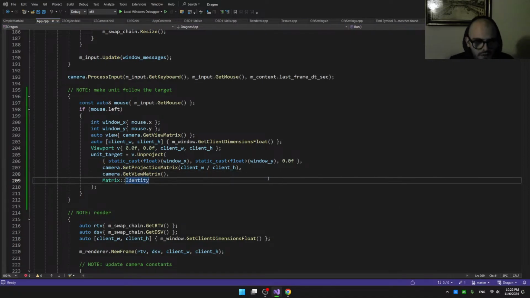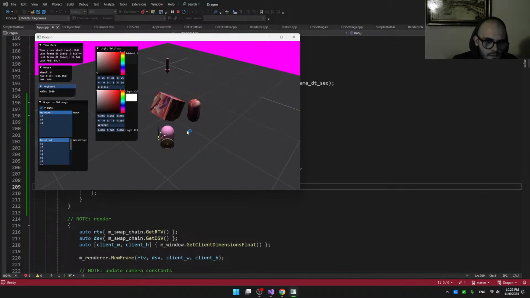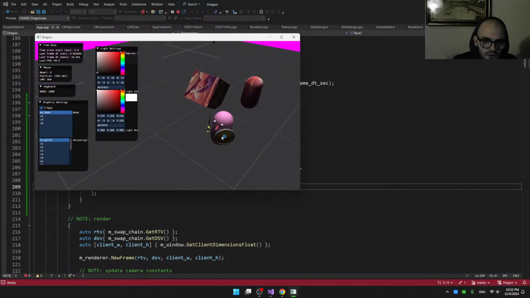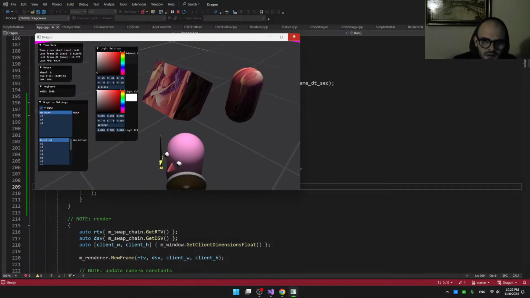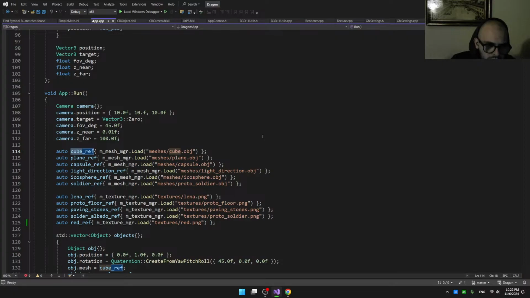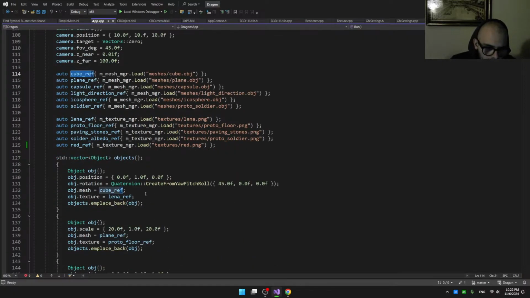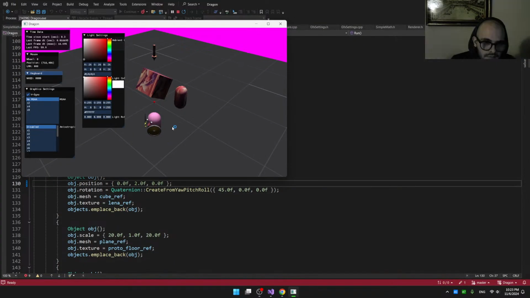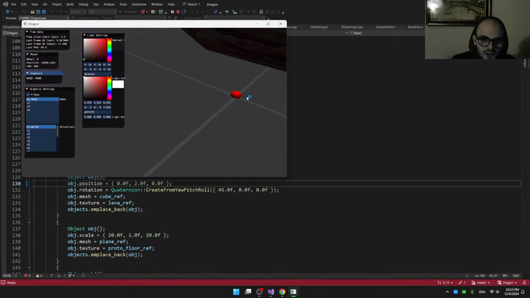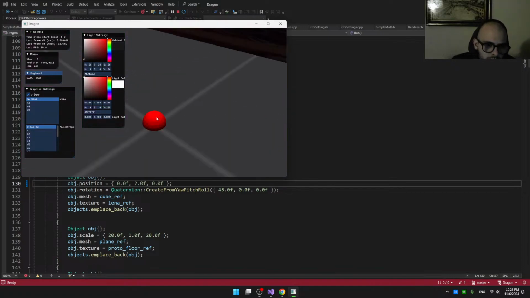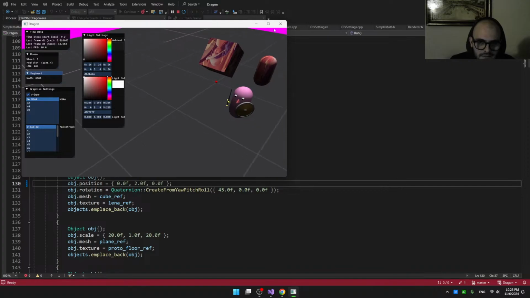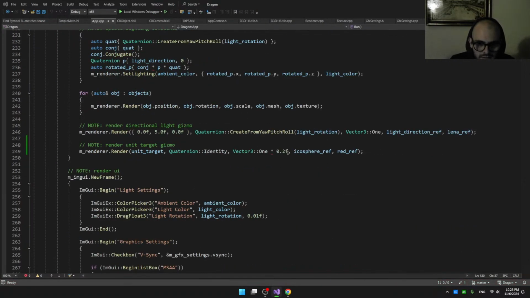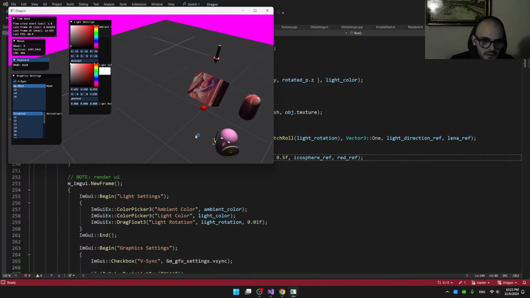Fantastic. Obviously the cube is the cube. Let's do 2 just because. Oh yeah, here it is, our beautiful icosphere. I could make it a little bit bigger, like so, I think. Okay.